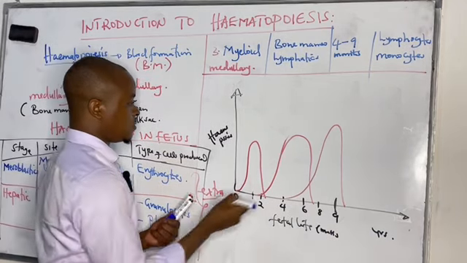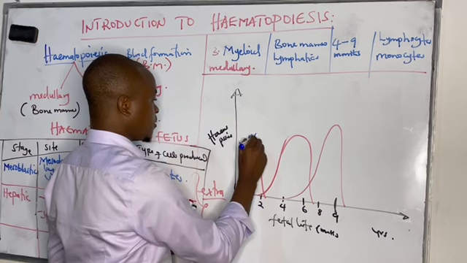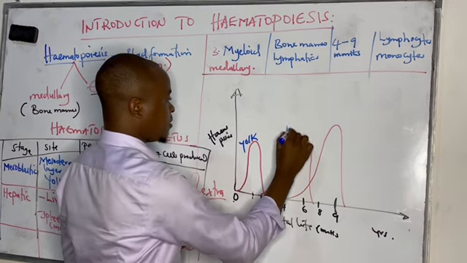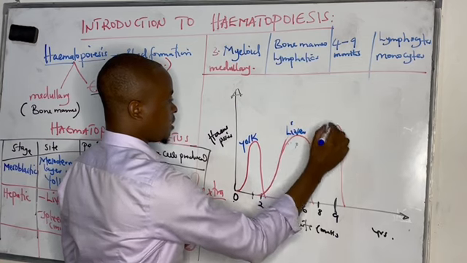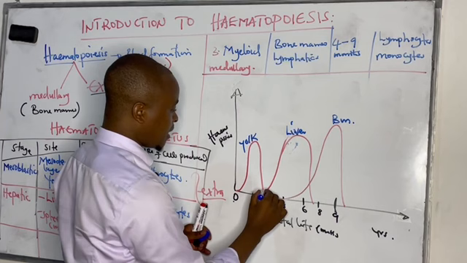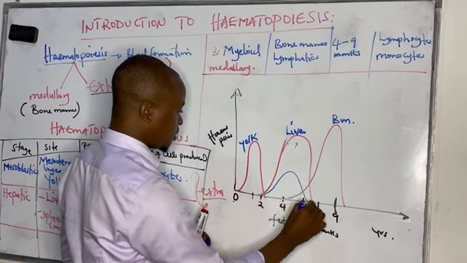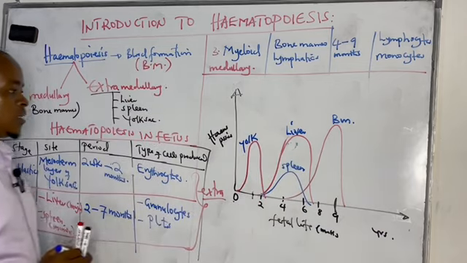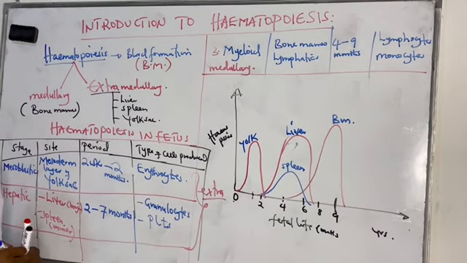So this is the yolk sac, this is the hepatic, the liver, and this is the bone marrow. But we said to a smaller extent, we see it also occurring in the spleen. And this is how I can put it in the graphical presentation.